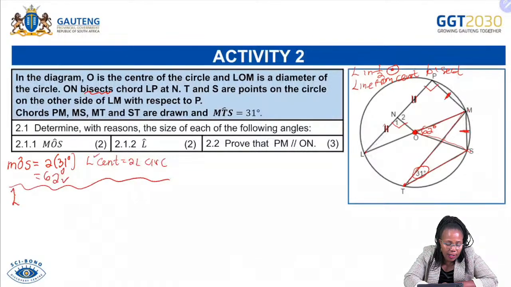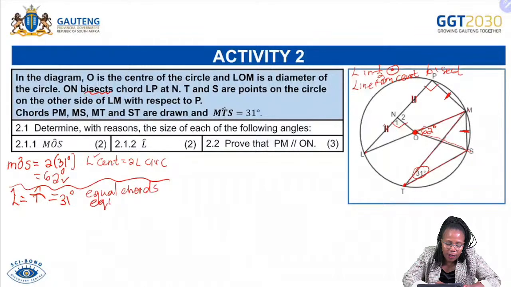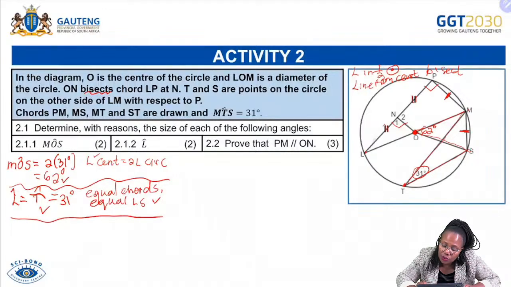So angle L is equal to angle T, which equals 31 degrees. Why? Equal chords, equal angles. For every statement, there must be a reason. So it's 1 mark for the statement, 1 mark for the reason. Then this is also 31 degrees.